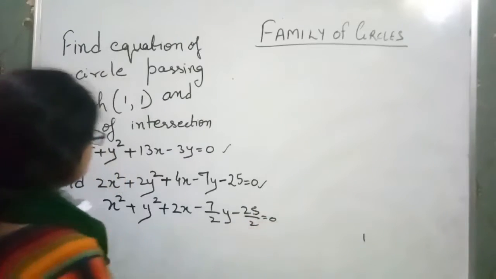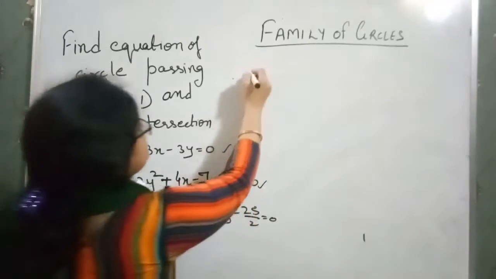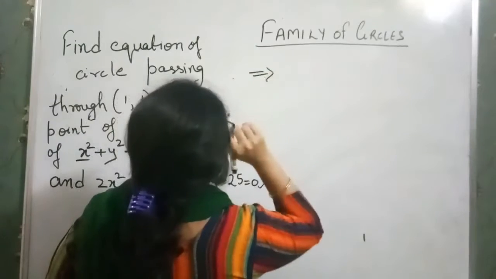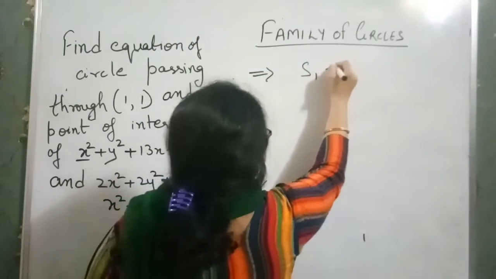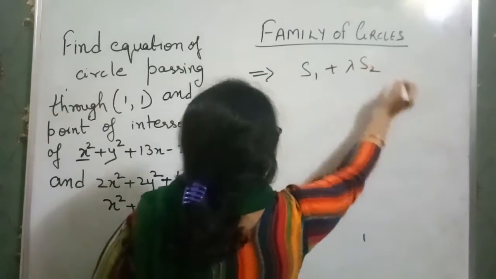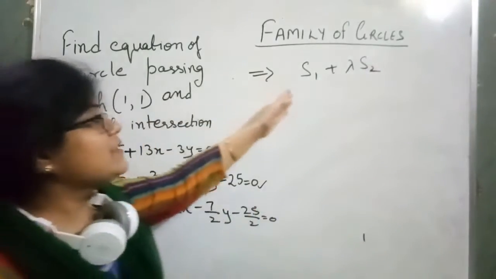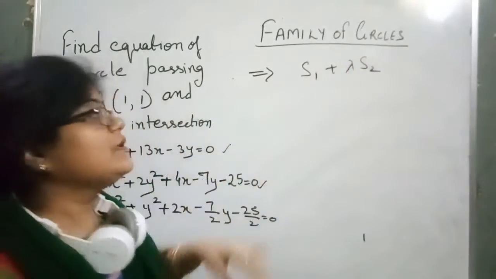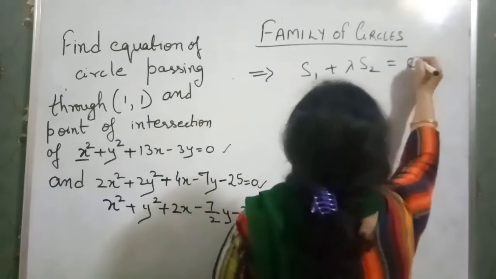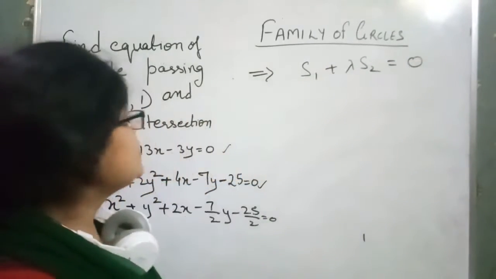Okay, so when two circles are given, then the equation of the circle is S1 plus lambda S2. Clear? We take the first circle and lambda times the second circle equals 0. In this way we find the equation of the circle.